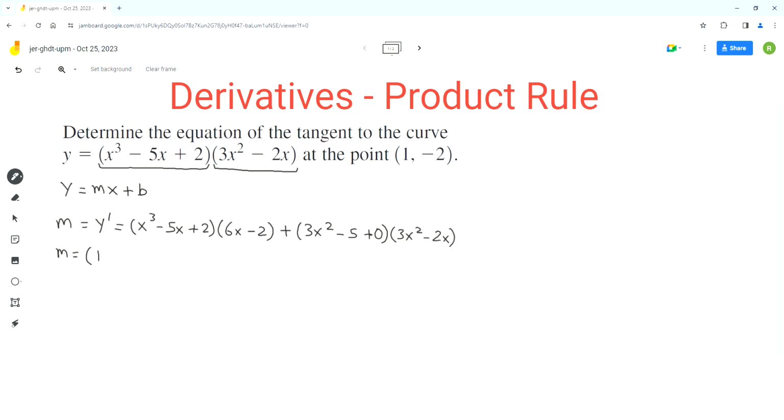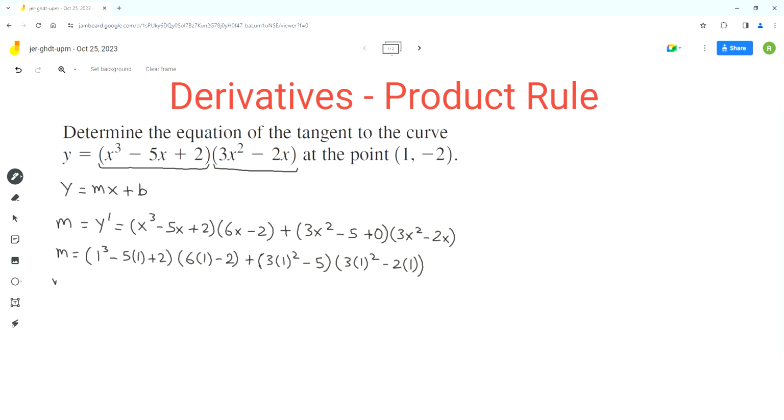We get 1 cubed minus 5 times 1 plus 2, and then the second parenthesis, 6 times 1 minus 2, and then plus 3 times 1 squared minus 5, and the 0 goes away because addition by 0 doesn't change anything, and times 3 times 1 squared minus 2 times 1.